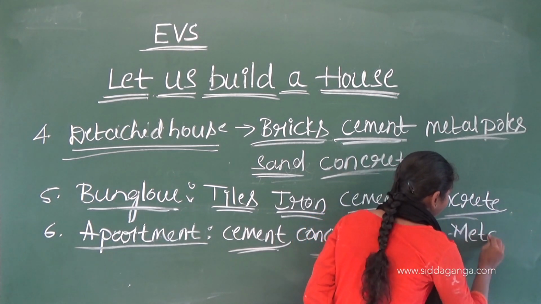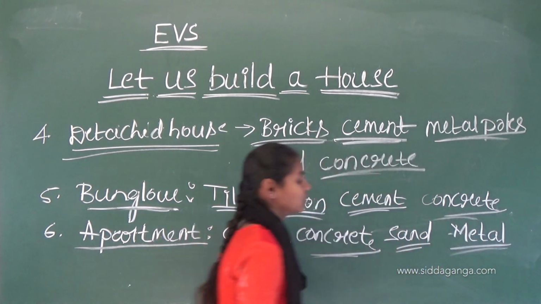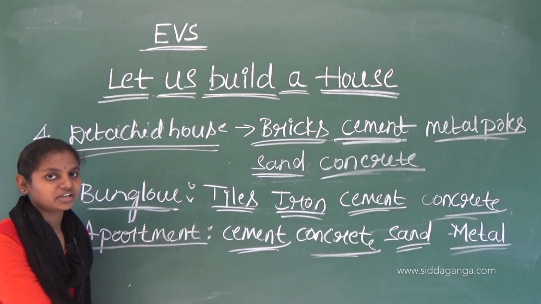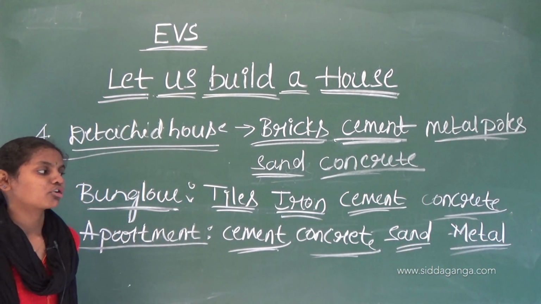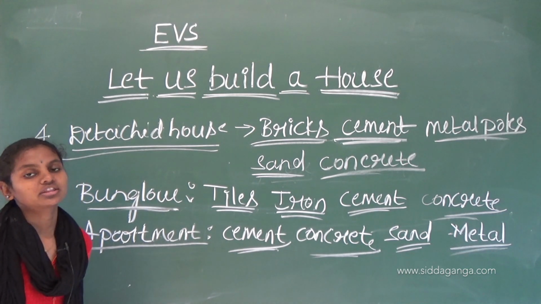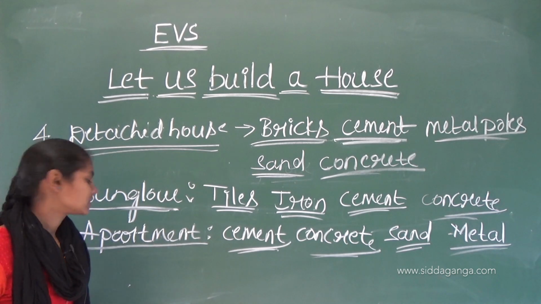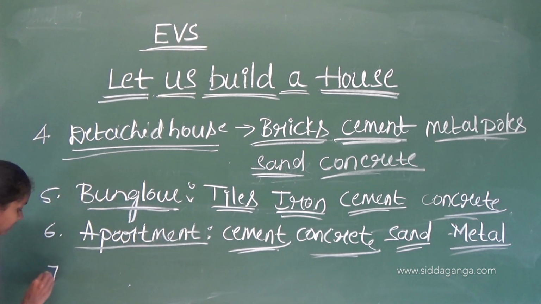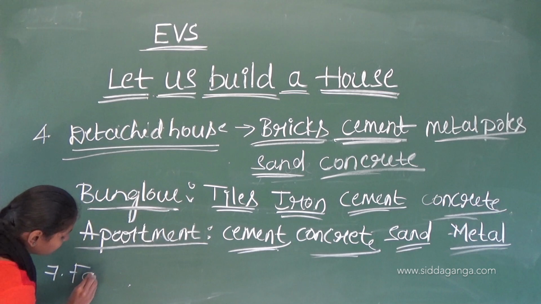An apartment requires a large amount of materials like cement, concrete, sand, metal and some water, soil, like this.